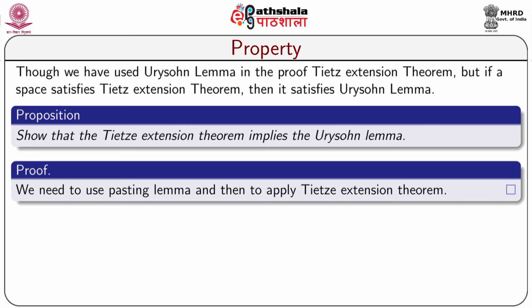Then by pasting lemma, we have another continuous map f which is equal to f1 on A and equal to f2 on B. Then, since the space satisfies Tietze extension theorem, f can be extended all over capital X, and then the extended function must be equal to 1 on one closed set and equal to 0 on another closed set. So, it satisfies Urysohn's lemma.